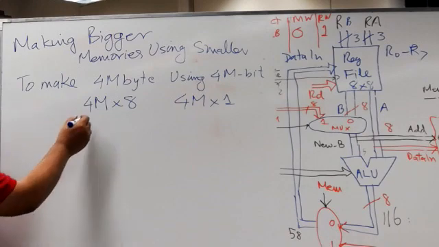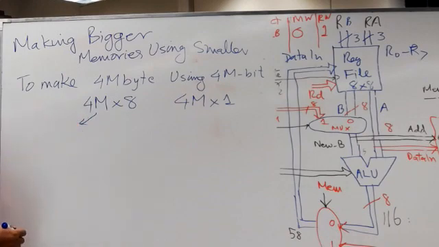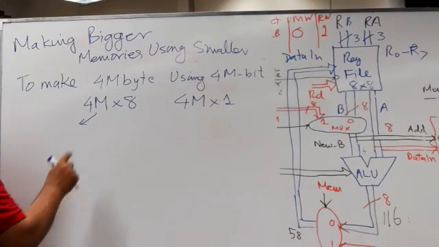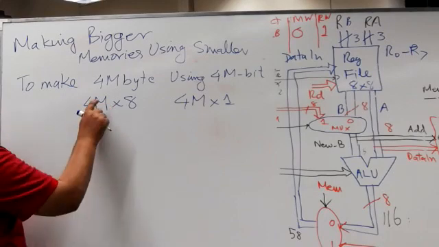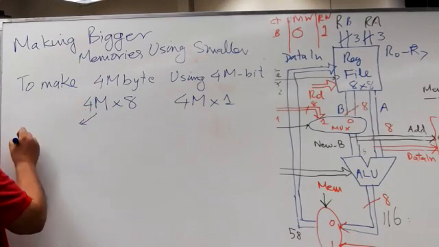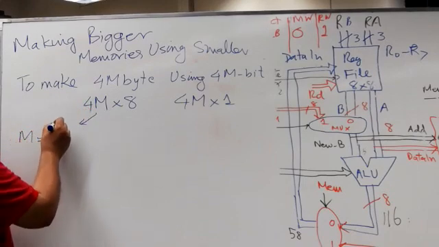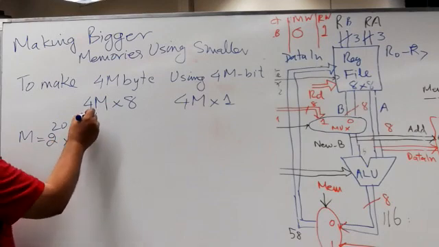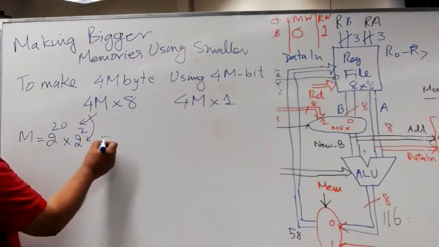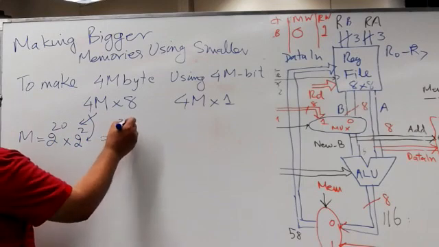So how many address lines do you get here? 4 M, where M is 2 raised power 20, multiplied by 2 raised power 2, which is 4. So that gives you 2 raised power 22.